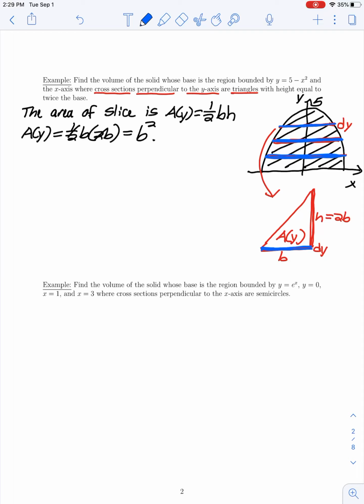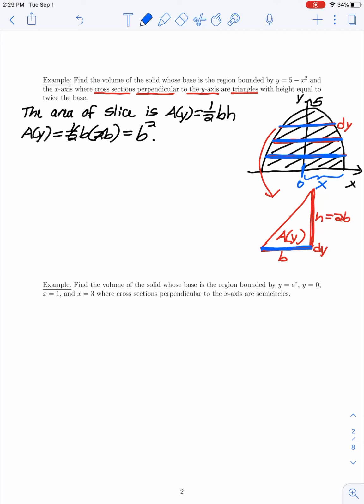The distance that I'm moving outward from x equals 0 to the edge of my curve, or the edge of my slice, would be x units.